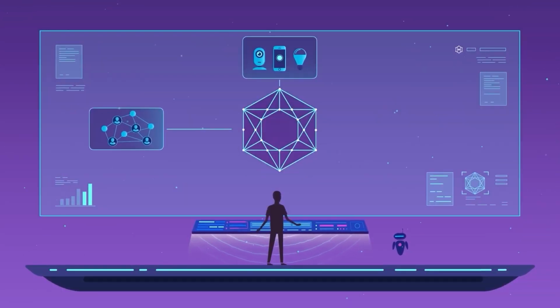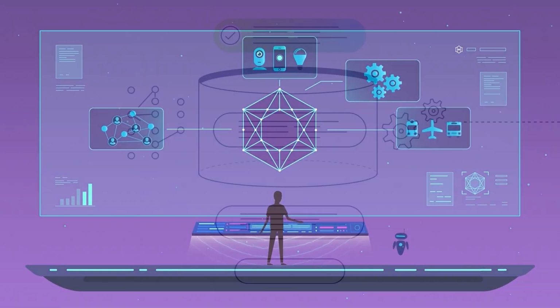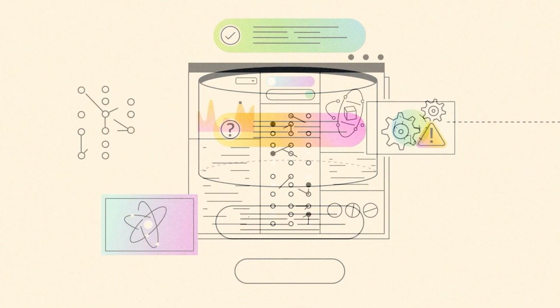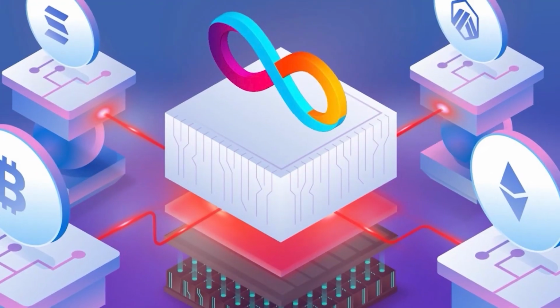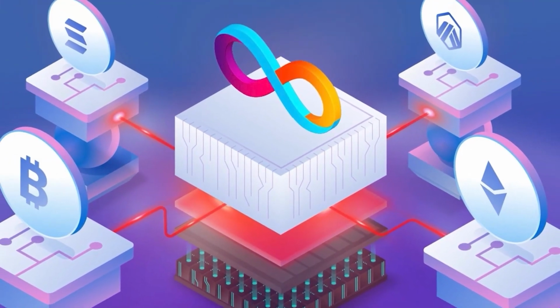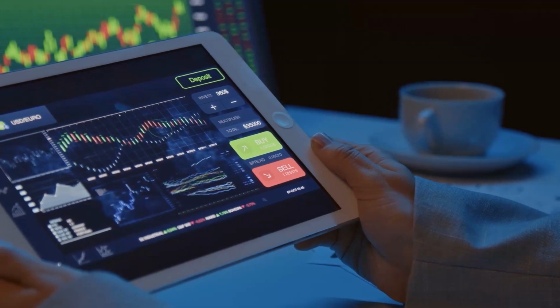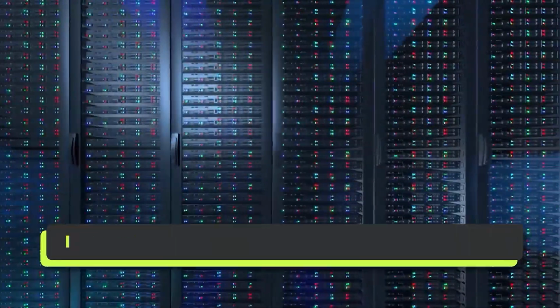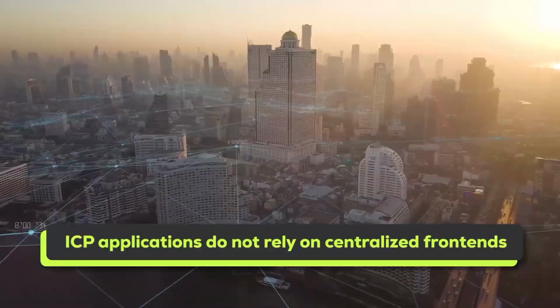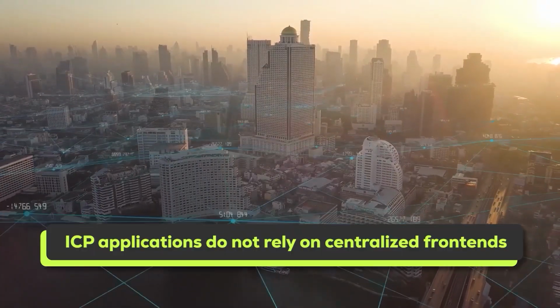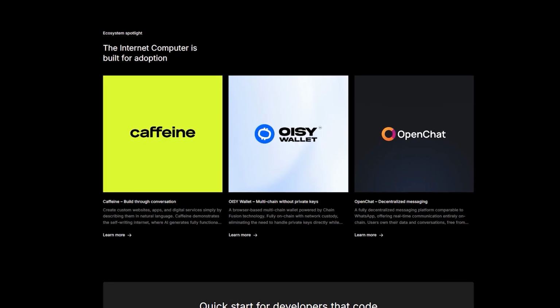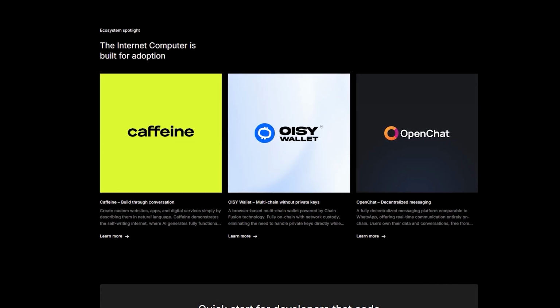By 2026, Internet Computer hosts a growing number of fully on-chain applications. These include decentralized social networks, developer tools, governance platforms, and data services. Unlike decentralized apps on most blockchains, ICP applications do not rely on centralized front ends. Websites hosted on ICP are served directly from the blockchain.